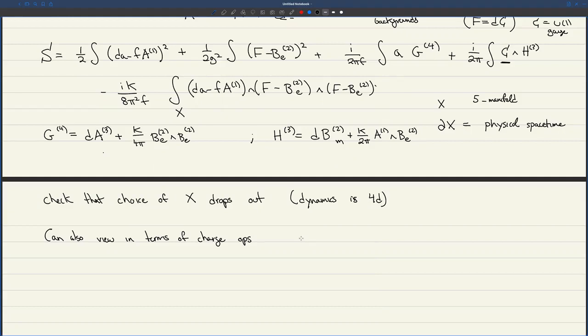Because your G4 has a correction in terms of only BE2 and does not involve A1. So you should be able to explain this correction even without going to this 5-manifold idea. Yes. In fact, you can. You can do it directly in 4 dimensions. You'll just end up coupling A1 to the Chern class for the U1 gauge field.